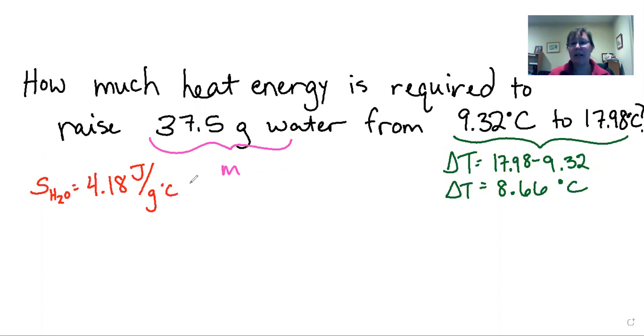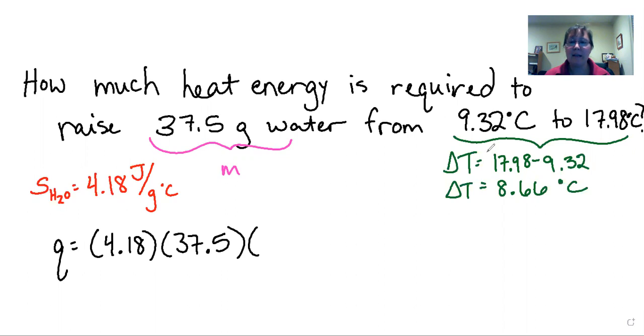So let's see how much heat energy is required to raise our water by this much in temperature. Q, because that's heat energy, is equal to SM delta T. So our specific heat, 4.18, times my mass, 37.5, times my delta T, 8.66. And just to review, that's S, M, and delta T.